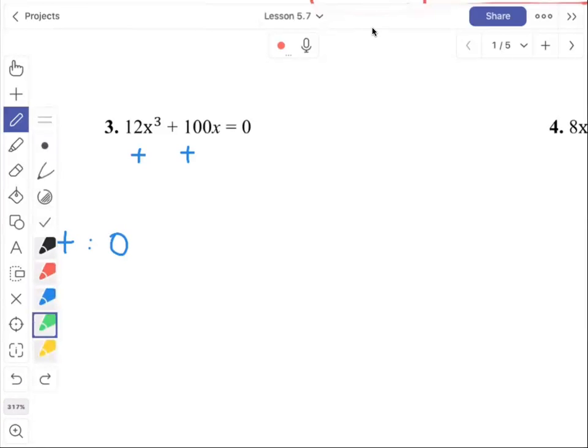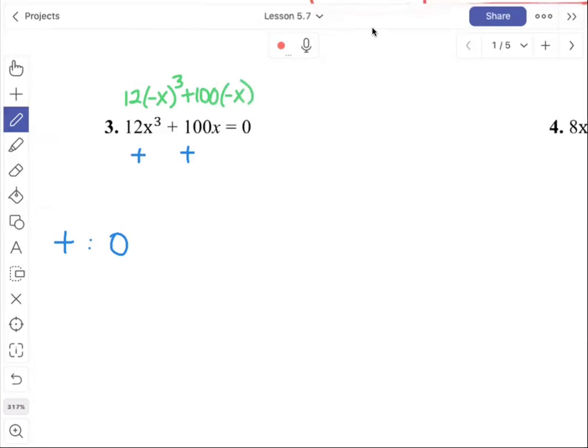All right, so let's try it with the negative. When I plug in negative x, I'll just do it above. Here's a little shortcut. You don't really even have to simplify because all we care about is if it's positive or negative. So negative x³ is still going to stay negative.